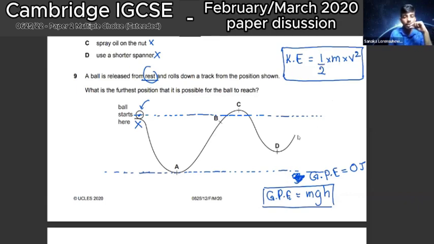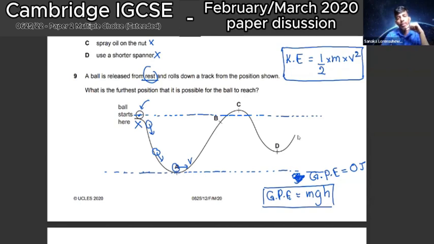Then in A, this ball is rolling down, so we know the velocity is increasing. In this position, the ball has velocity, but gravitational potential energy is zero. From X to A, what happened to the work? There is work done.